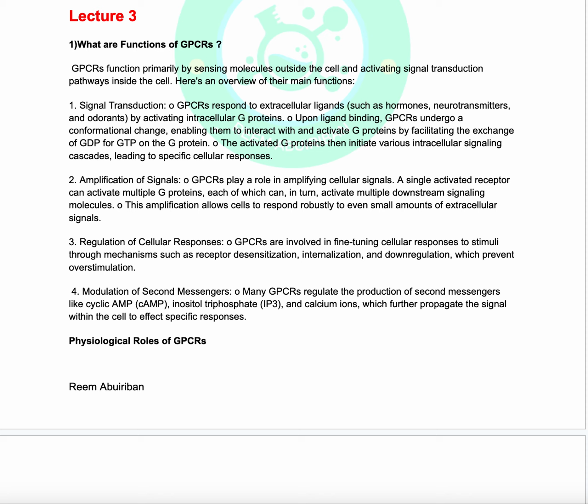GPCRs respond to extracellular ligands like hormones, neurotransmitters, and odorants by activating the intracellular G protein. So the ligands bind to the extracellular part of the GPCR, and that leads to the activation of the intracellular G protein.